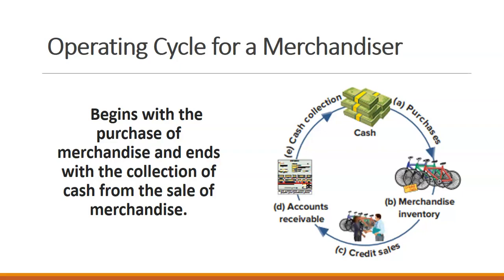How many times per year are we able to turn over our inventory? What's the average number of days that a piece of inventory stays in our store sitting on the shelf? So we would purchase that inventory, put it available for sale, sell it with an accounts receivable, and then collect the cash in that accounts receivable.